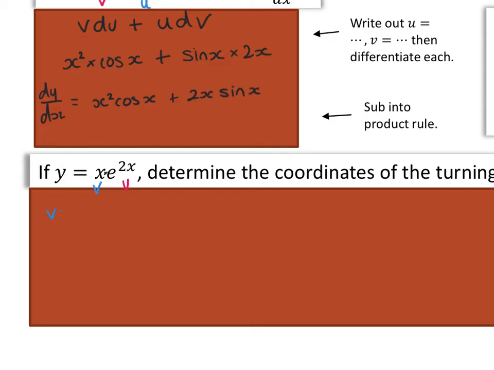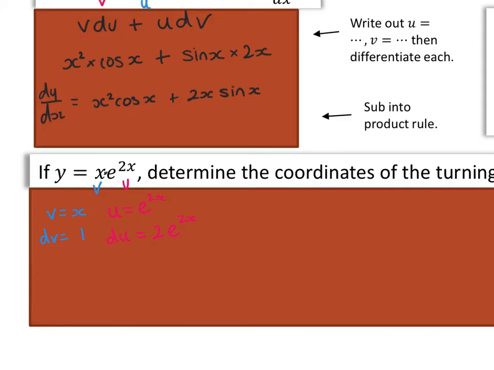We're going to write V equals X, and we're going to write dV equals, what's the differential of X? 1. Then we've got our U. U equals e to the 2x, our differential of e to the 2x is 2e to the 2x, because e to the anything differentiates to e to anything, and then we multiply it by the differential of the bracket, and our bracket in this case is the power, 2x, differentiate 2x, 2, yeah?